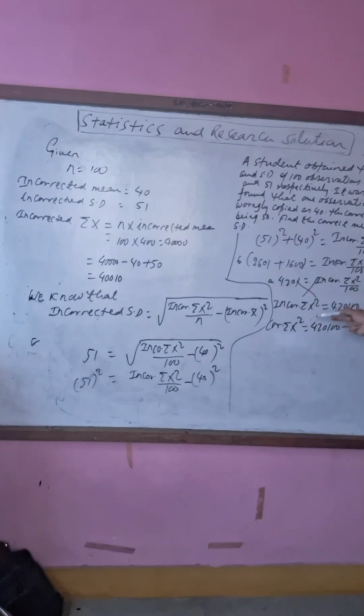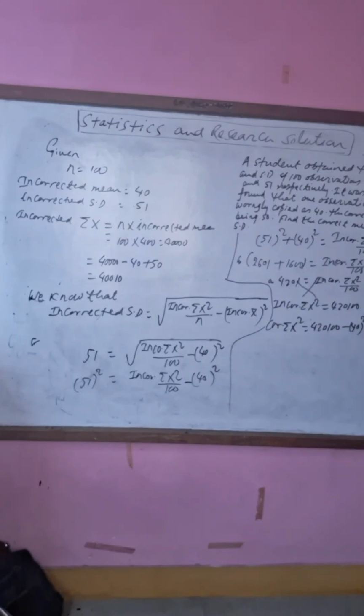Because to obtain summation x square, we square individual values. So here also, the wrong item we subtract by squaring it, and the right item we also square and add.